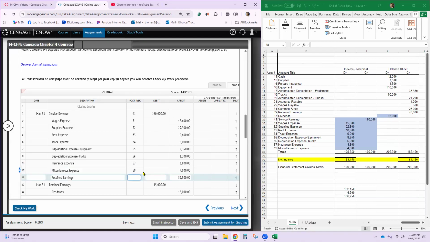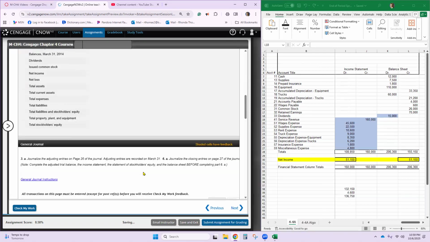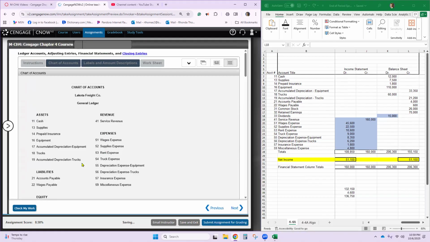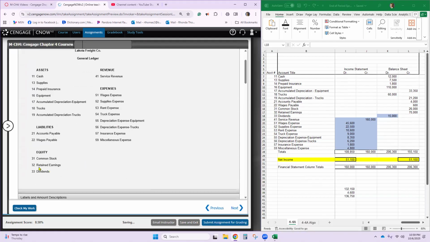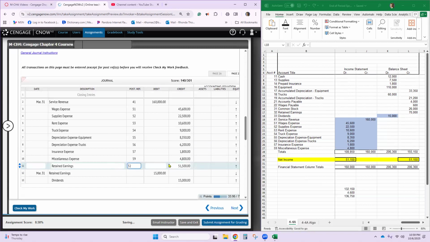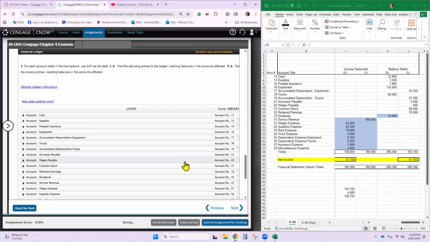Retained earnings is going to be an equity account, and it has retained earnings 32. All right, so this is the journal entry that we now need to go down to retained earnings as a credit and put 51,500 in.